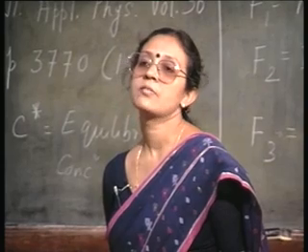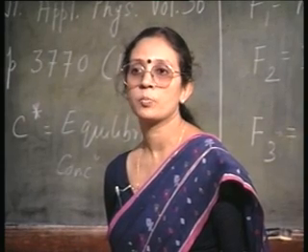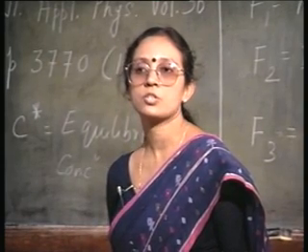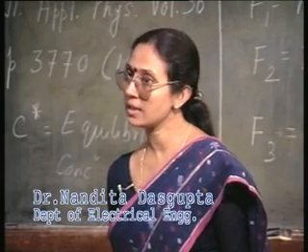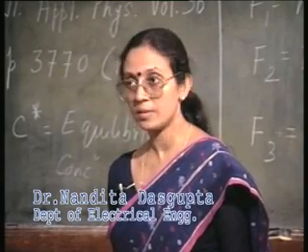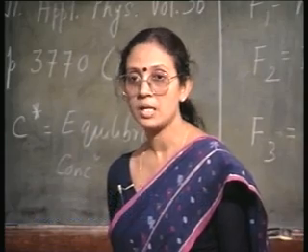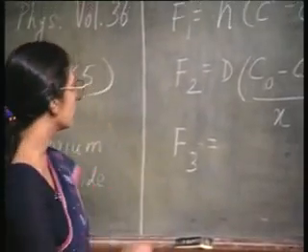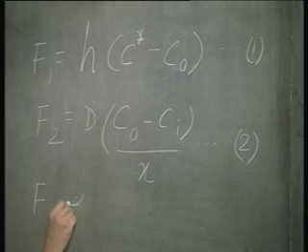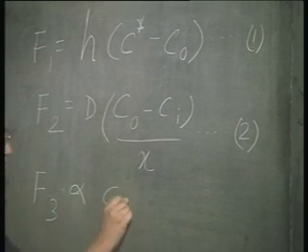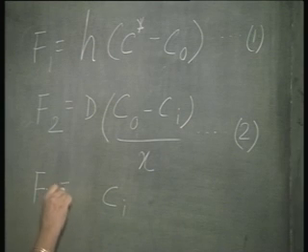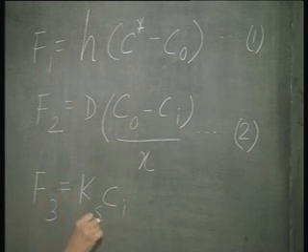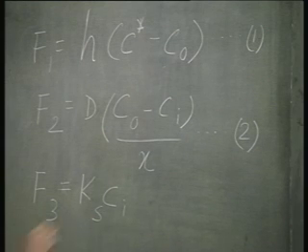So, this flux will again be proportional to the concentration of the oxidizing species at the oxide silicon interface, that is the availability of the oxidizing species. In other words, F3 will also be proportional to Ci, and I will call this proportionality constant Ks, which is also referred to as the reaction rate constant.